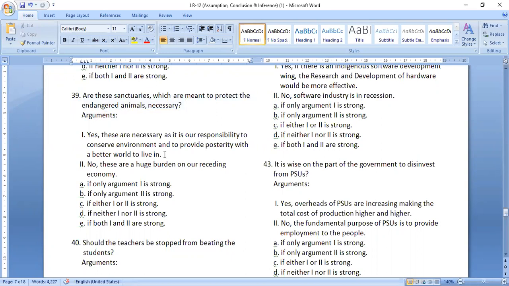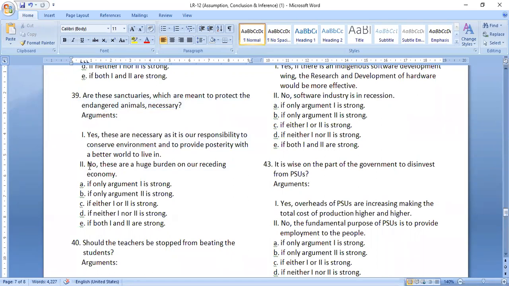And as you say, yeah, you're right. If this is true, then this is completely false. If we are able to treat environmental conservation as a responsibility, then the very thought that we should consider the economic burden as a factor is false.